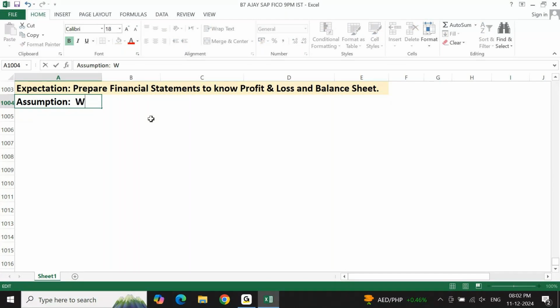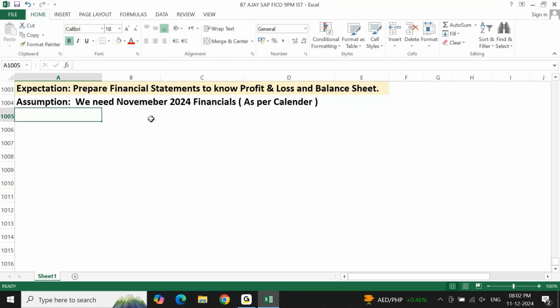So we need November 2024 financials. Agree? This is as per calendar. Yes or no? Yes. As per November, you need to know November 2024 financials.